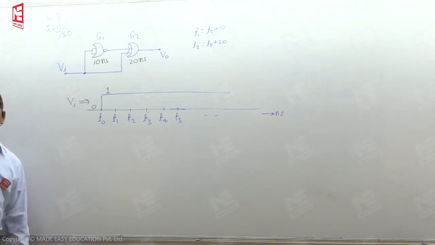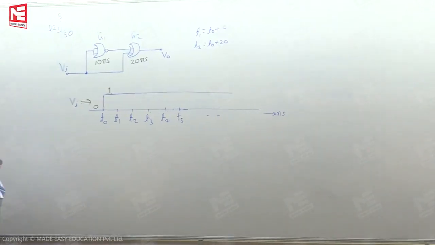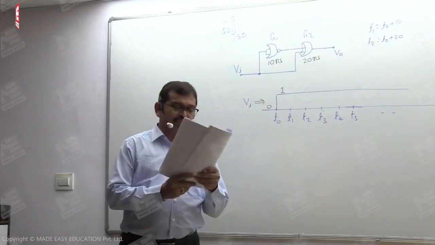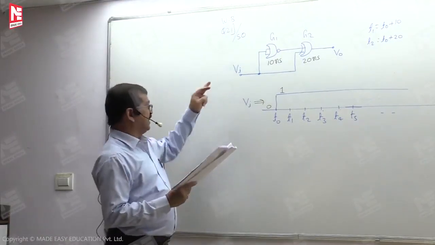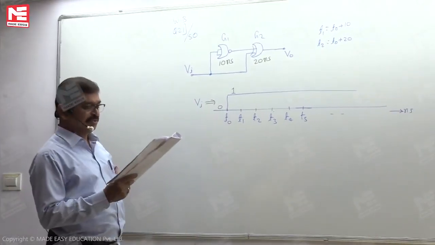The question is, what is the output waveform V0? Let me read the question in the workbook as it is. The gates G1, G2 in the figure have propagation delays of 10 nanoseconds and 20 nanoseconds respectively.